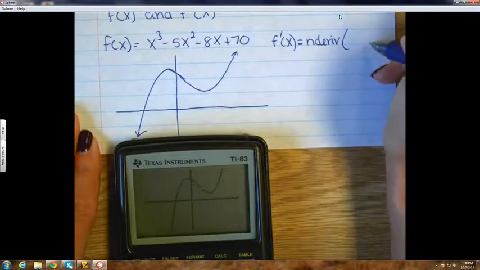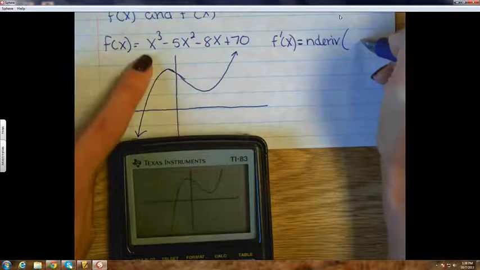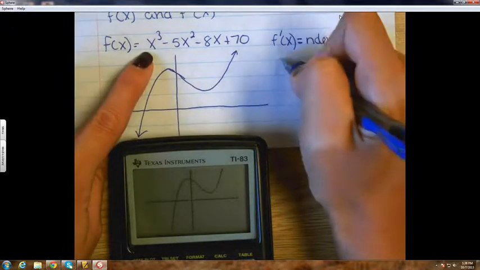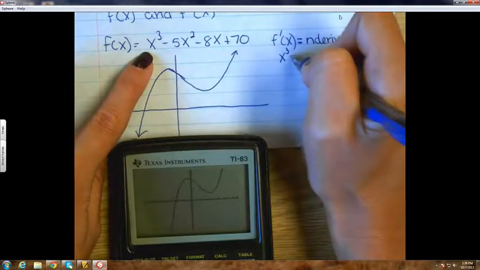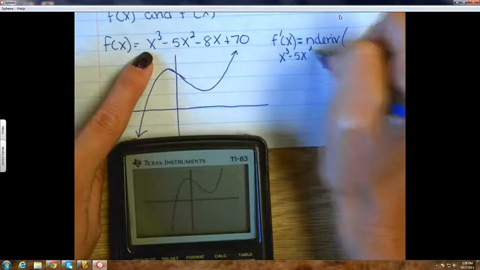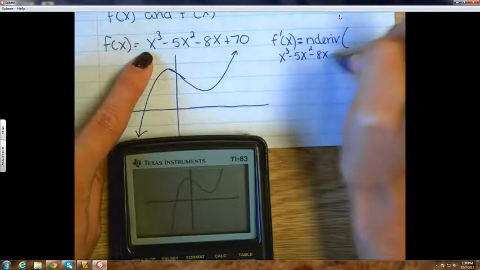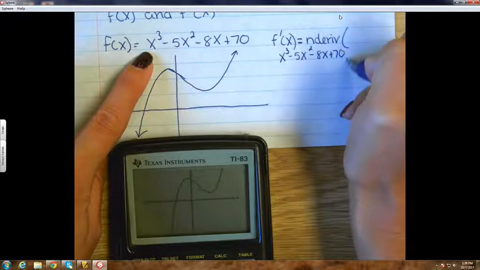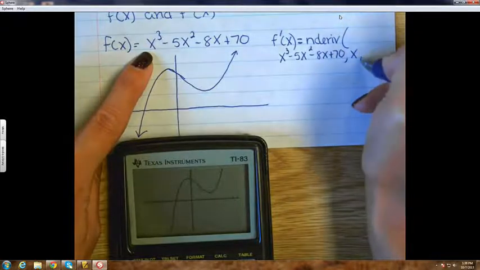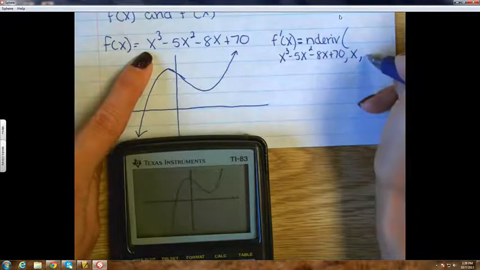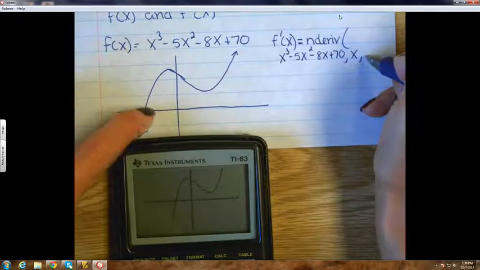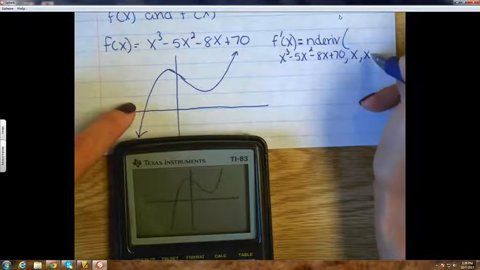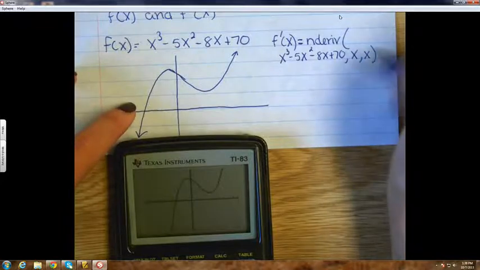Give it the equation. I'm running out of room there. So we're going to type in x cubed minus 5x squared minus 8x plus 70. I used x's. And then I want to tell the calculator to do it for every single x value in the window. So instead of putting a single number there, I'm going to have it put another x there so the calculator knows to keep doing this for all of the x's in the window.